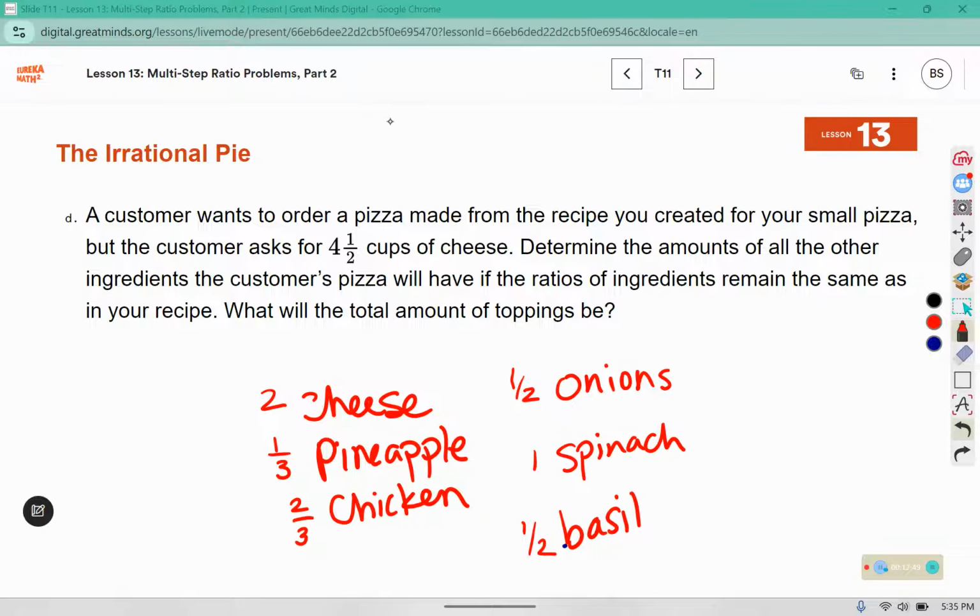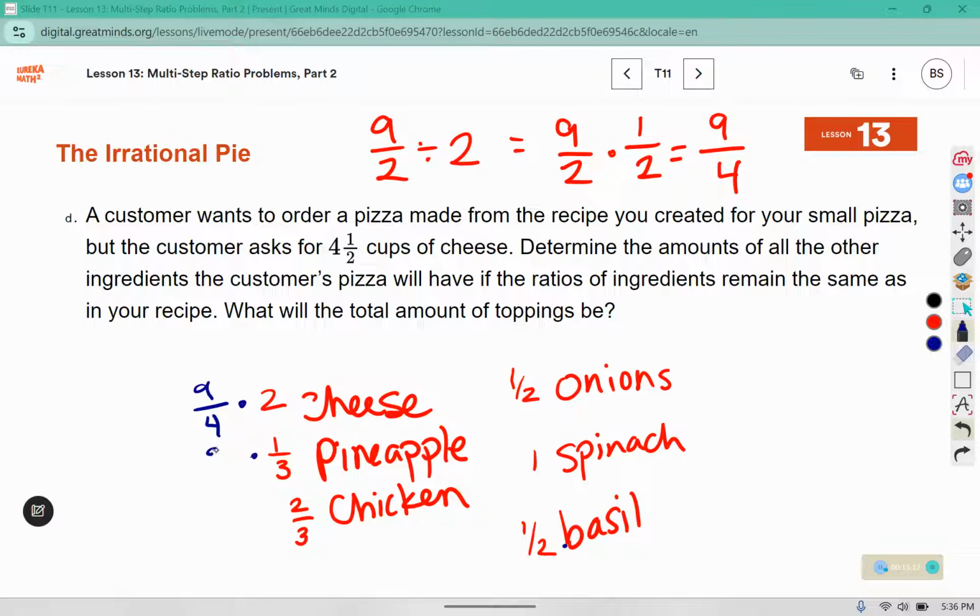So we have 9/2. But it was originally not 5 cups. We're talking about just the cheese. The cheese was 2 cups. We can rewrite that as a multiplication problem by using the reciprocal. 9 times 1 is 9. 2 times 2 is 4. Now we're going to multiply our ingredients by that to change it to a larger pizza that has 4.5 cups of cheese.